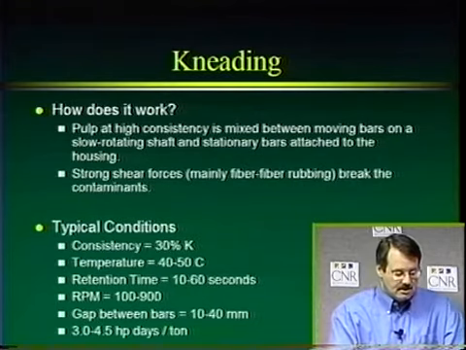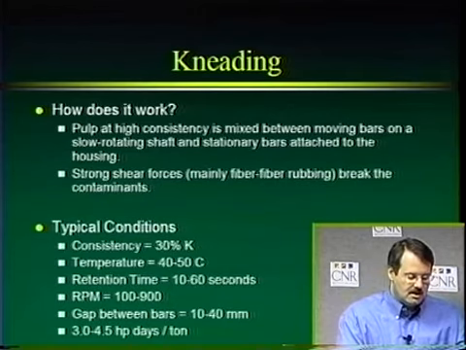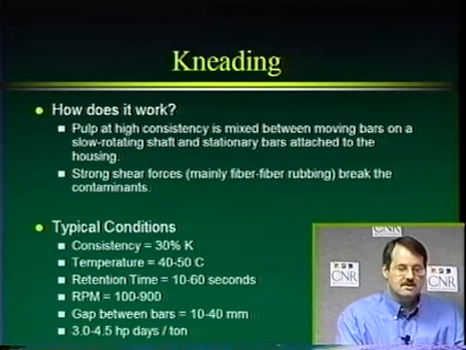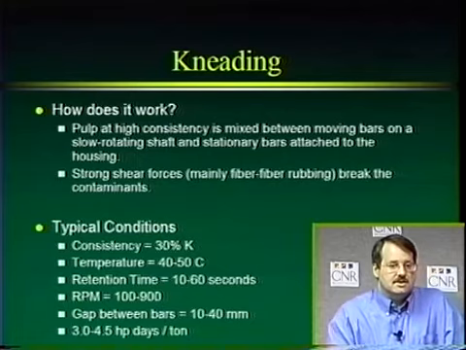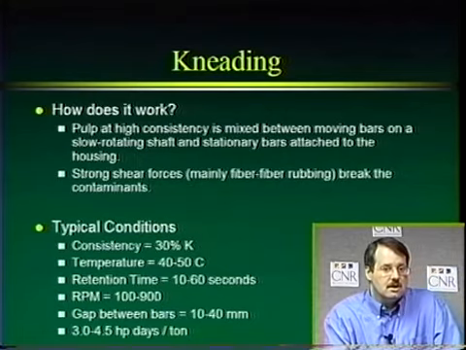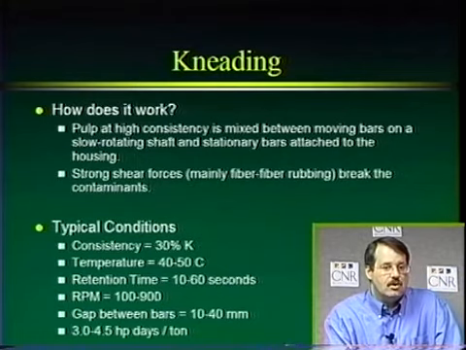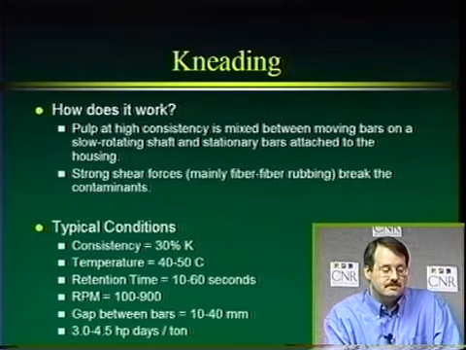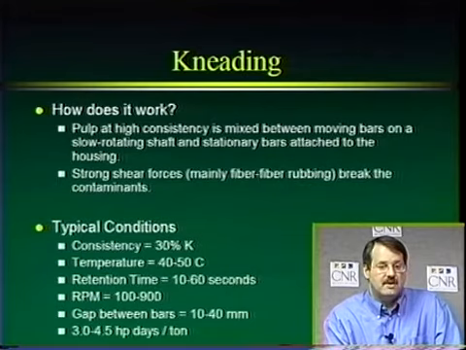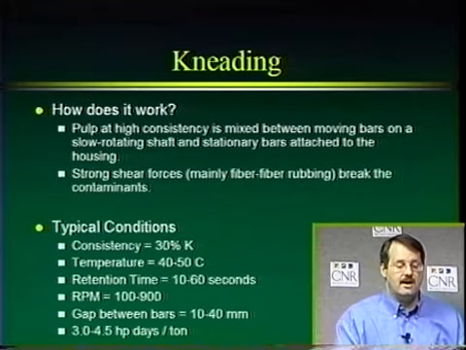And then the last thing on the bottom is the energy consumption, and the energy consumption is 3.0 to 4.5 horsepower days per ton. So that is a very important factor. It's quite energy consumptive.